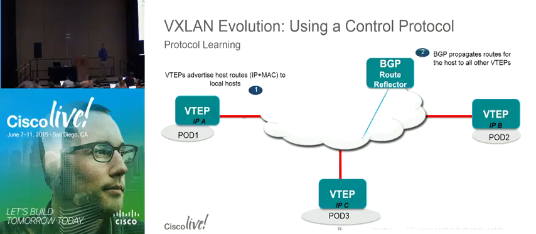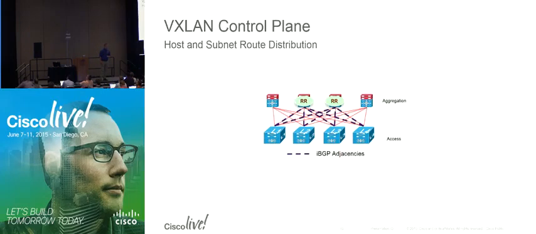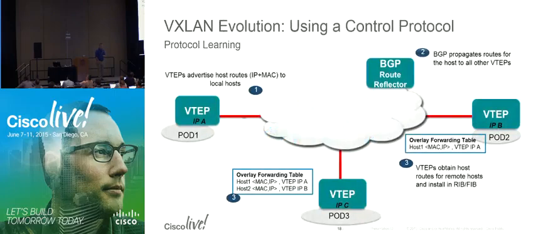So a given route reflector, as it says, reflects it and sends it to all the other guys, to all my other VTAPs, my buddies. And from there on, I know exactly which endpoint is behind which VTAP. Do I need to go and flood for him to search him? No, I don't have to, because I now have a control plane which is proactively serving me the information to reach the destination there.